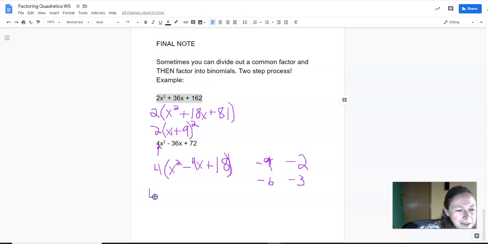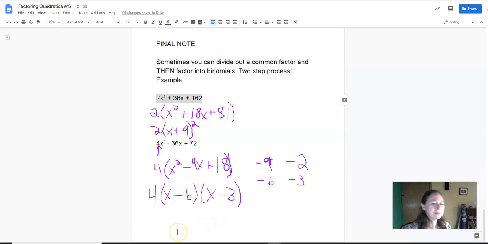So I think that is my factored form. It's 4 times x minus 6 times x minus 3. And I'm writing real slow so the lag doesn't catch up to me, but that's the final factored form of that expression.